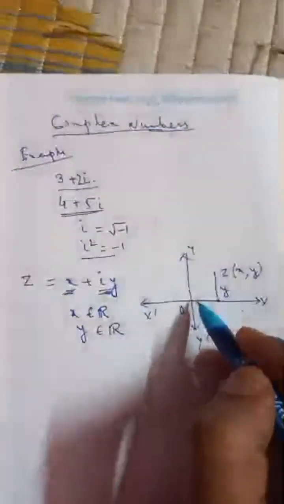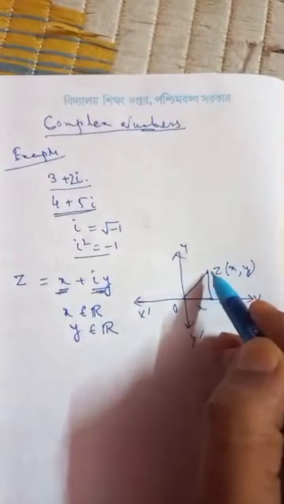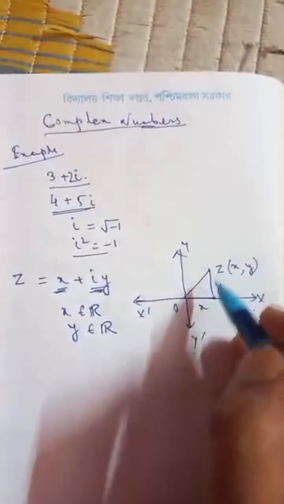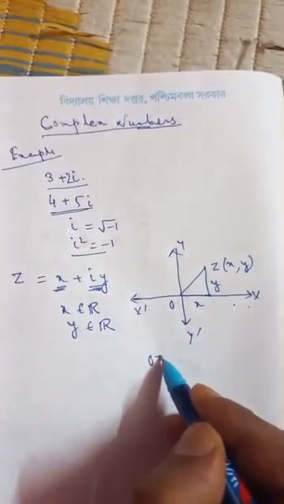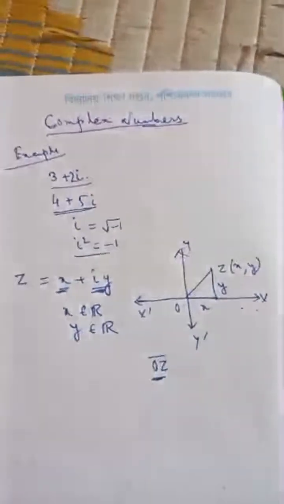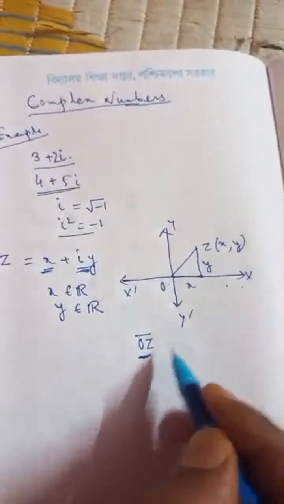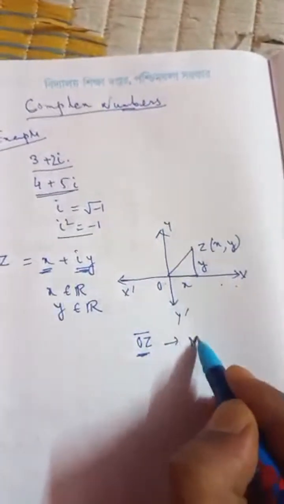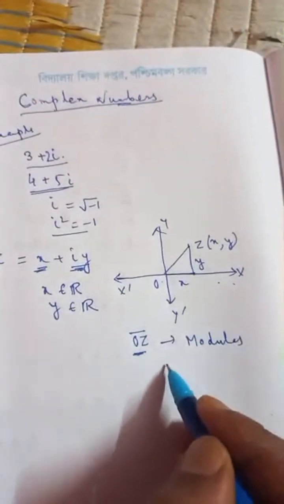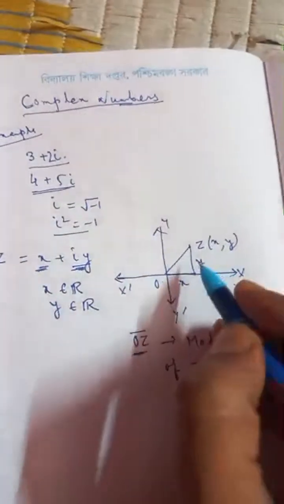Here the distance of the point z from the origin O is represented by OZ, and this is called the modulus of the complex number z.